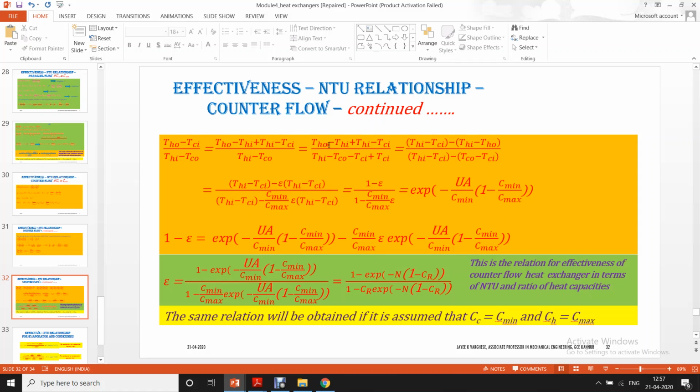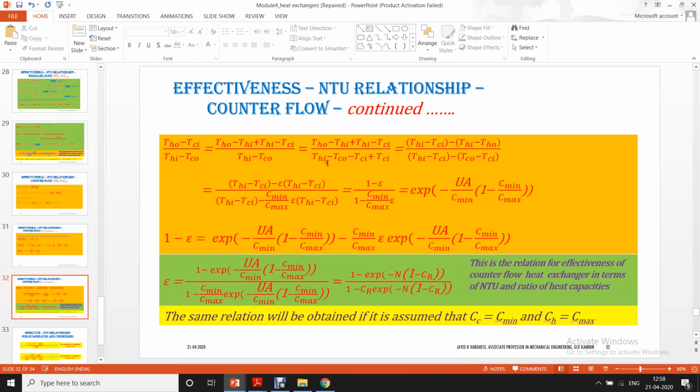So THO minus THI, we will take this term THI minus TCI, and THO minus THI we will make it minus of (THI minus THO). So THI minus TCI minus (THI minus THO).